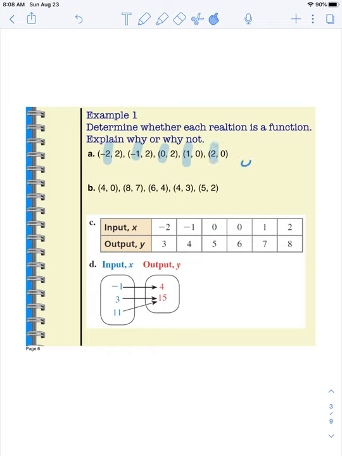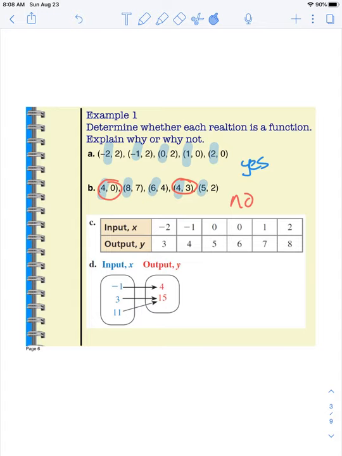X does not repeat. Yes, it's a function. Now we look at example B, and I have 4, 8, 6, 4, 5. So I see 2 ordered pairs with a 4, and they have different y values. So there are multiple outputs for this input. So no, this is not a function.